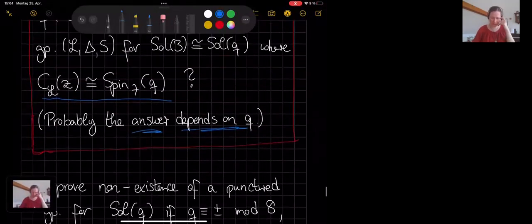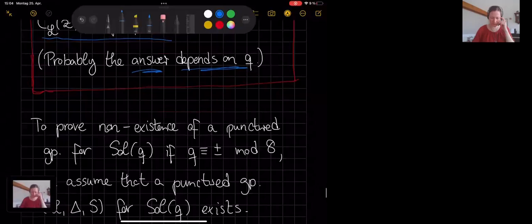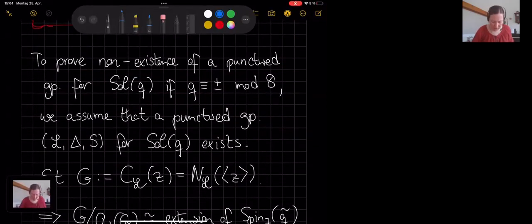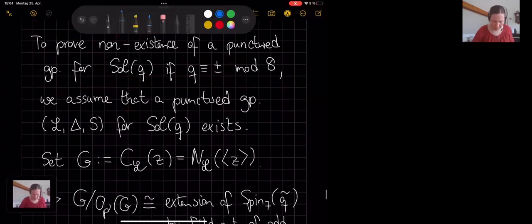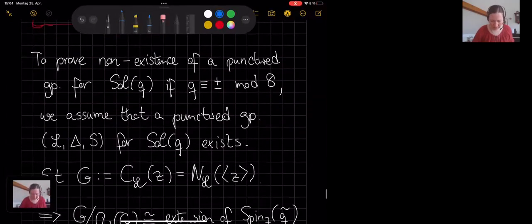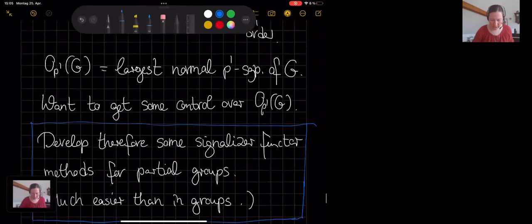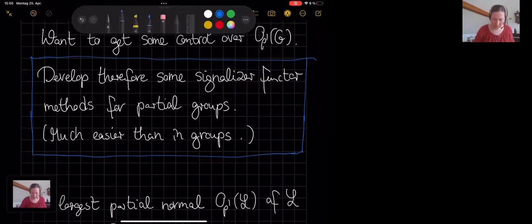So for the larger ones, we want to prove non-existence. Just seeing I'm already over time, I think. So perhaps let's just say, of course, we use some combinatorial arguments, but we also need some way of controlling the structure of a punctured group, assuming that it exists.